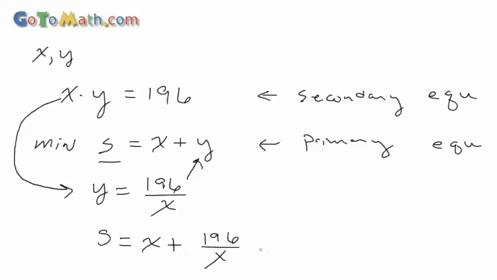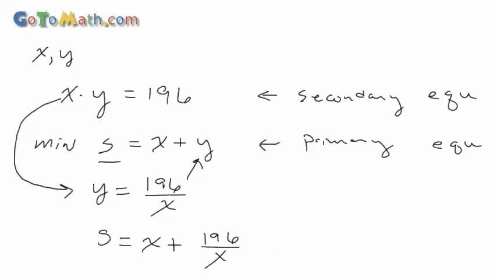All right, now what we're going to want to do here is, of course, take the first derivative, set it equal to 0, and solve for x. Because this right here, if you look at the graph, we graphed a function that was similar to this.